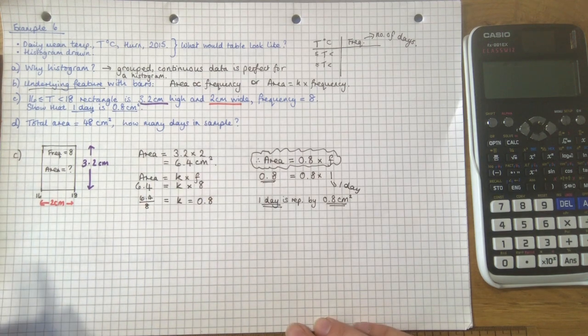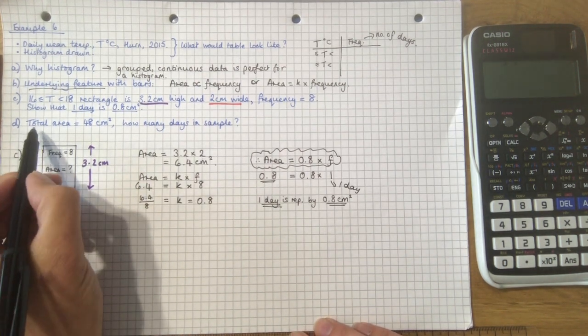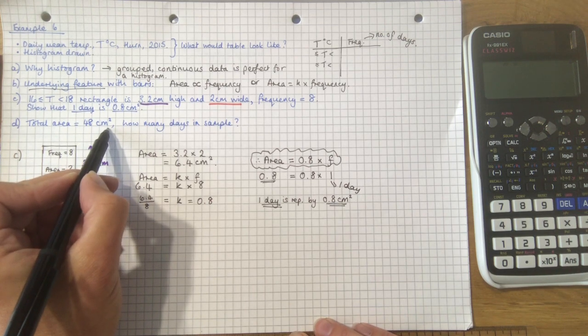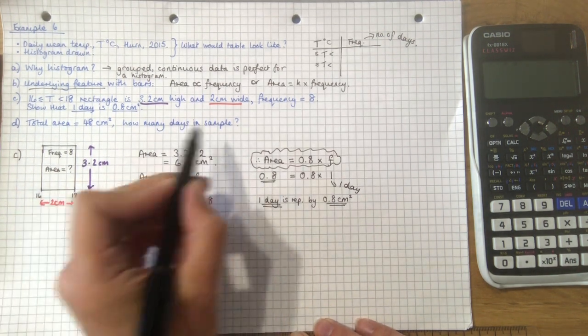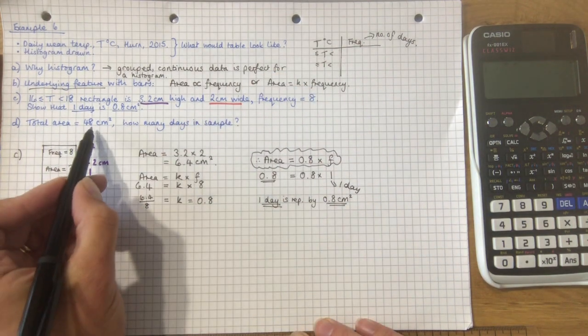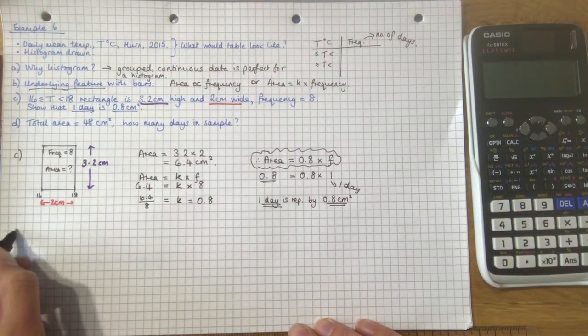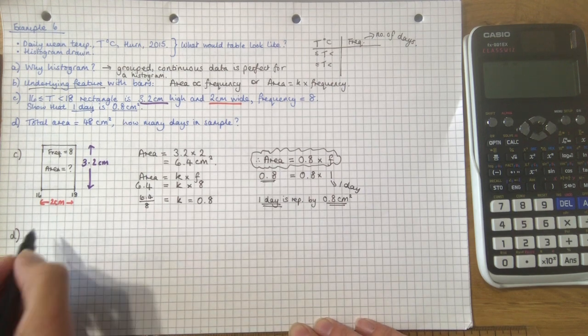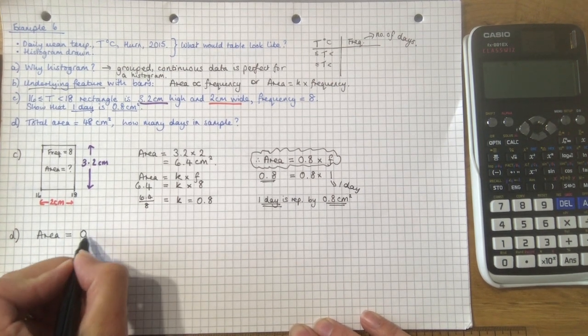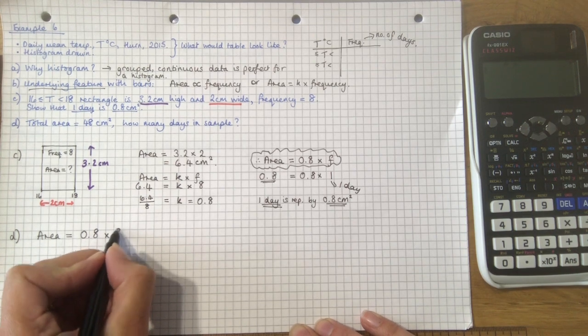So now let's look at part D. We're told that the total area under this histogram was 48 centimetres squared. Find the total number of days in the sample. So what's the total frequency it's asking us, given we know the total area? We are going to come back to this exact same formula again, and that's that the area is K, which in this case we've worked out is 0.8, times the frequency.